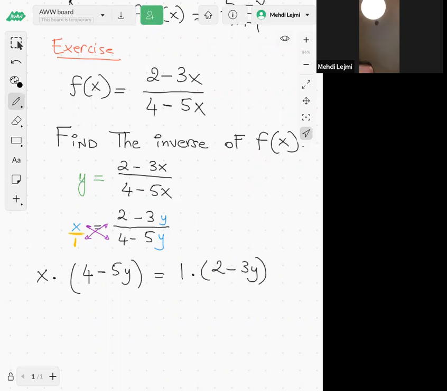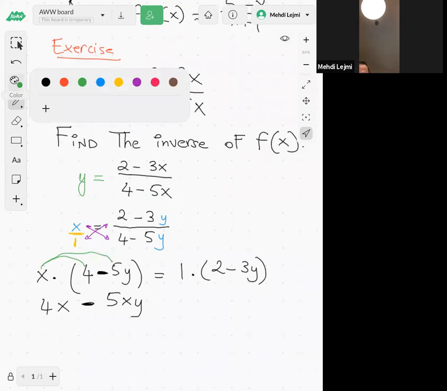Okay, let's distribute. So this is x times 4, so that'll be 4x. There's this minus, so it's minus 5xy, right? x times the 5y, so that will be the 5xy. And on the right side, it's just 2 minus 3y.